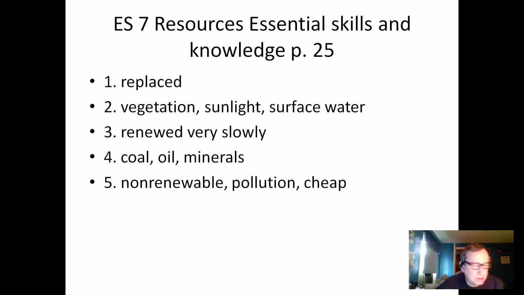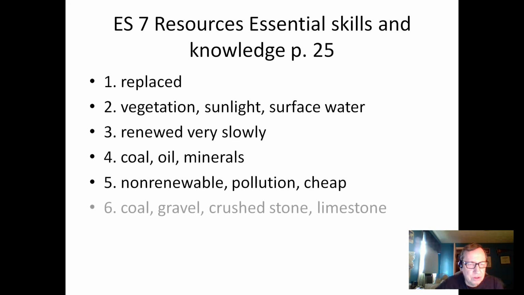For number 6, the major rock and mineral resources found in Virginia include coal. In fact, if you're asked on the SOL test what's been the major energy resource of Virginia, it's obviously going to be coal. Gravel, crushed stone, and limestone are extremely important for concrete, putting in roads.